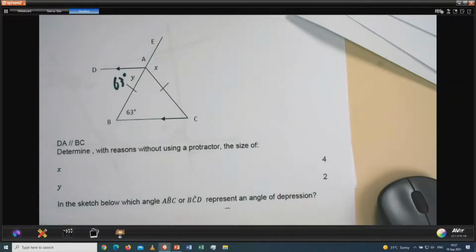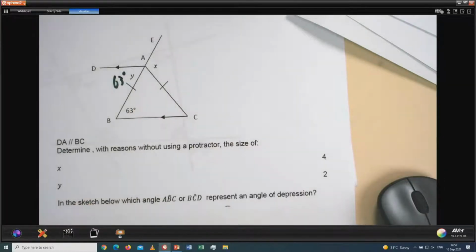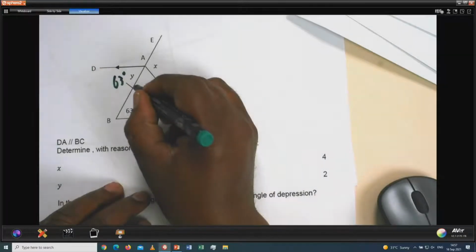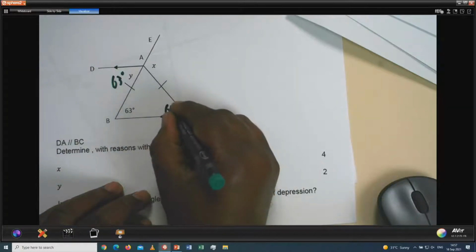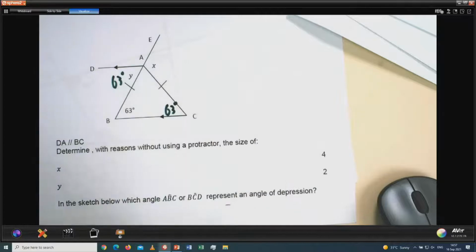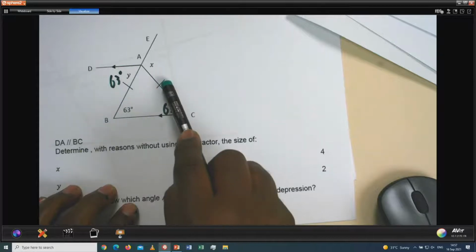We just said now, what you are given is very, very important. This sign and this sign mean the sides are equal. If the sides are equal, then those angles will be equal. In other words, angles opposite equal sides are equal.